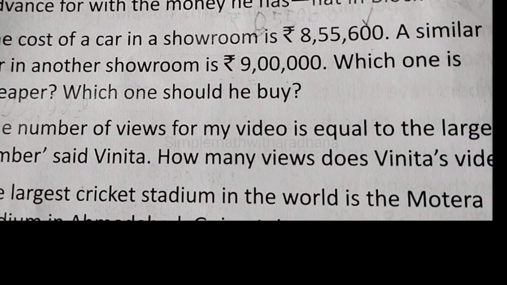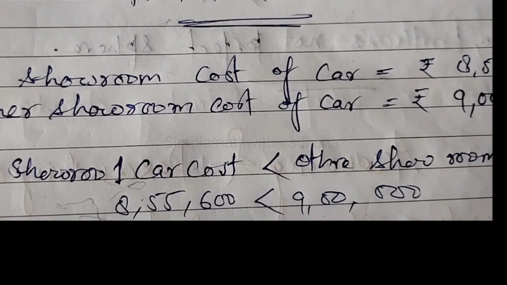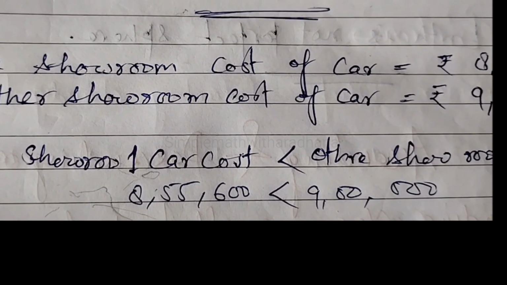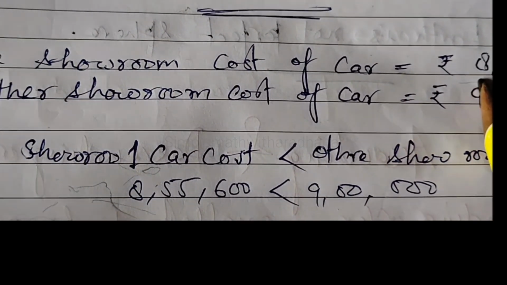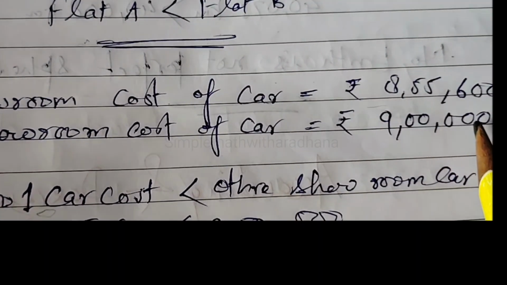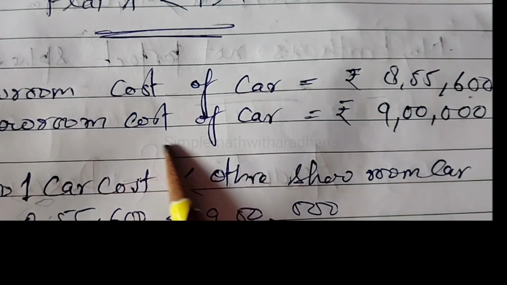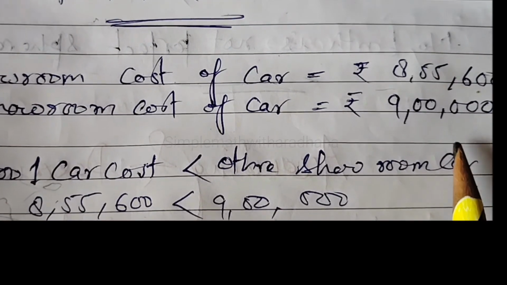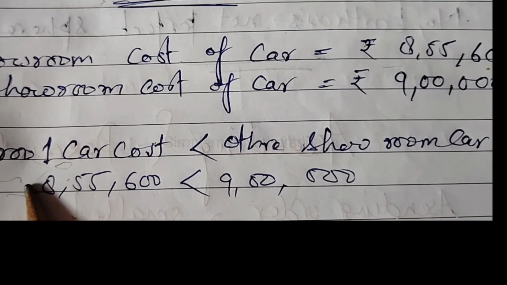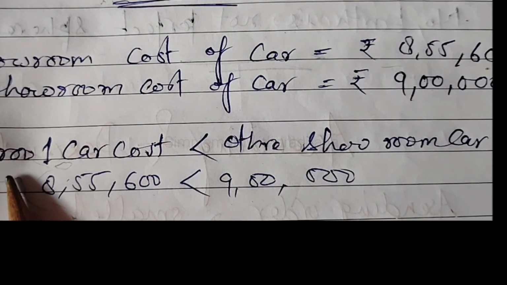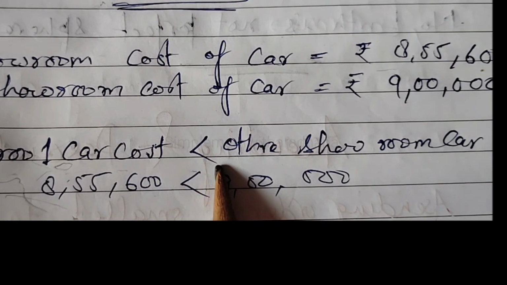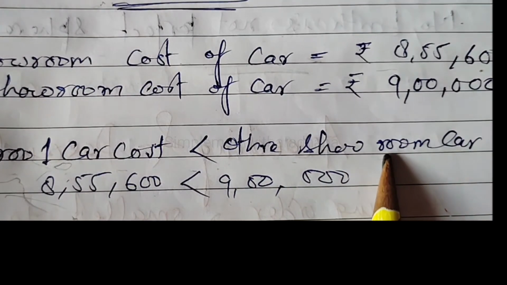Okay, so how will we solve? Question 2. In one showroom the cost of the car is 8,55,600 and in the other showroom the cost of the car is 9 lakh. Here the showroom one car cost is smaller than the other showroom car.